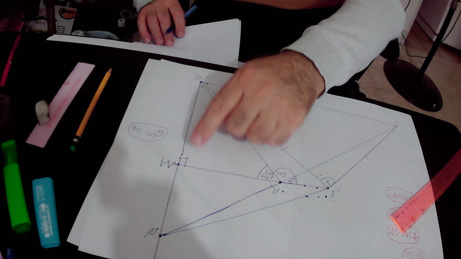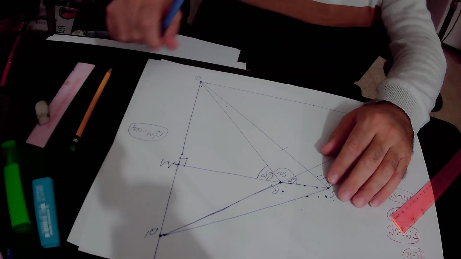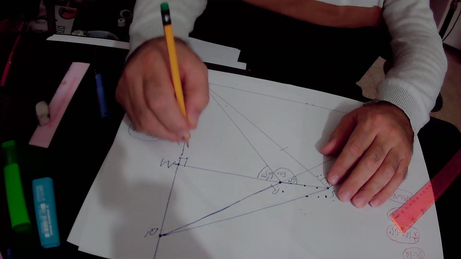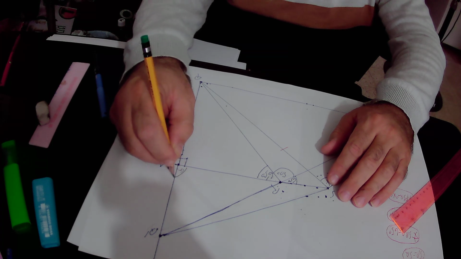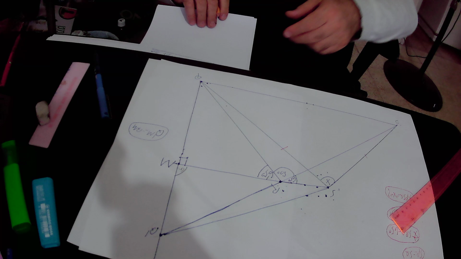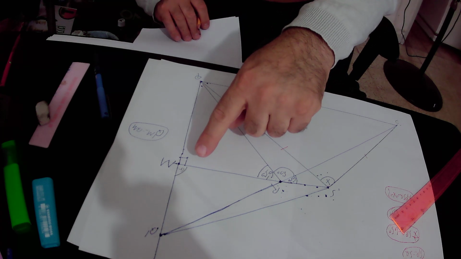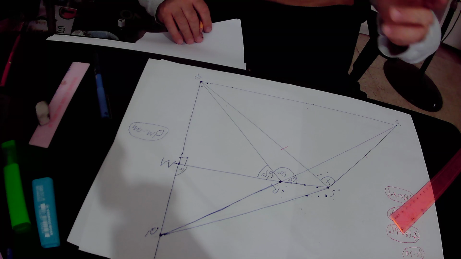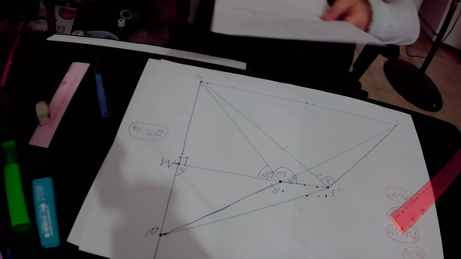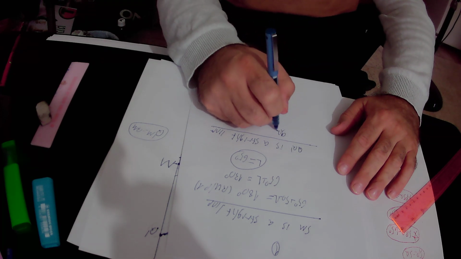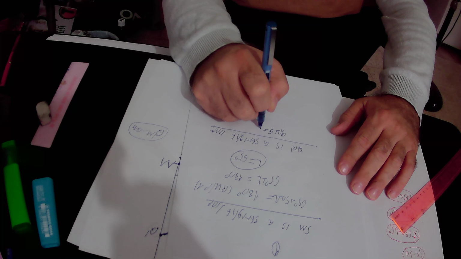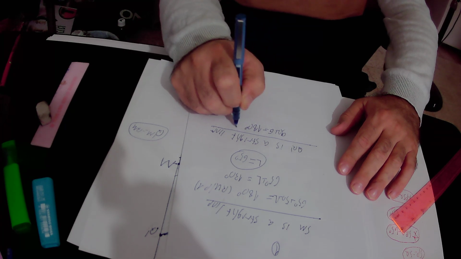We have here 90 degrees plus this angle, which will be angle G. So 90 degrees plus angle G must be equal to 180 degrees according to rule number 1. Okay, so I write it down.